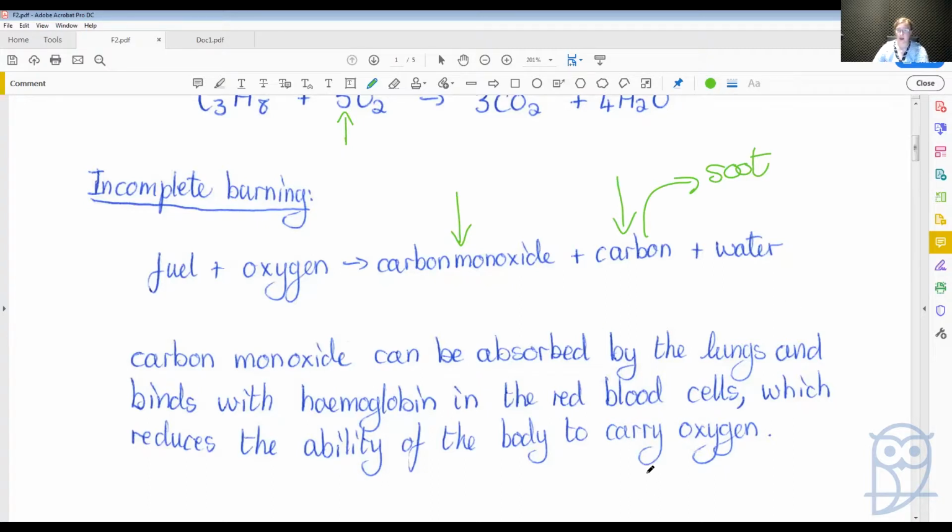Carbon monoxide tends to be made in places where we have a restricted airflow. This is places like furnaces, kilns, things like that, where you are carefully regulating the airflow in order to get specific temperatures. We tend to make quite a bit of carbon monoxide in reactions like that.